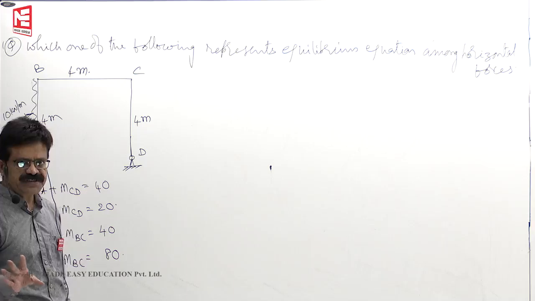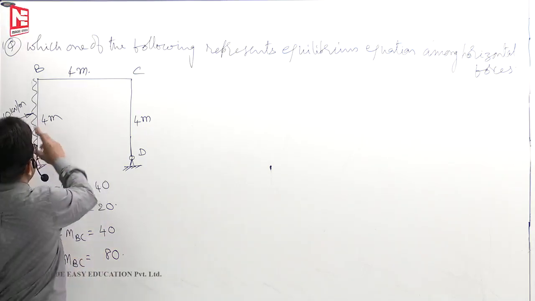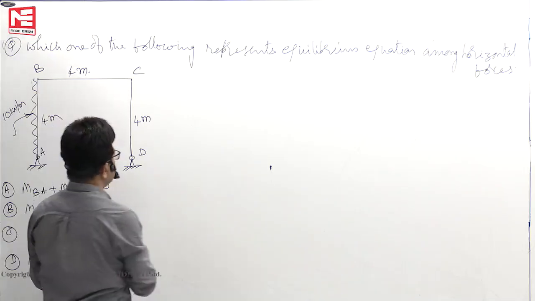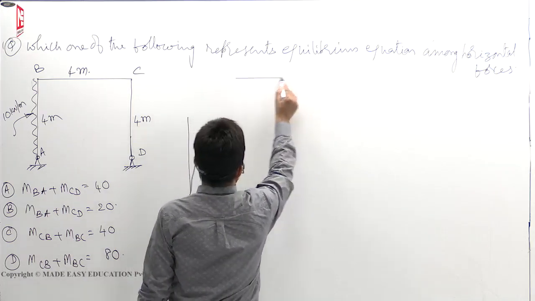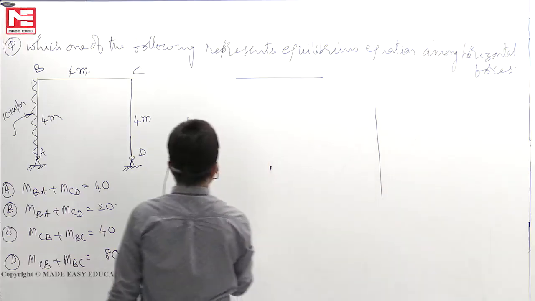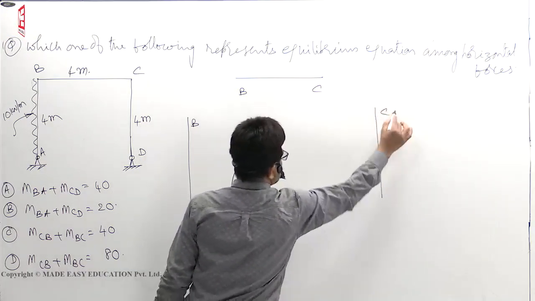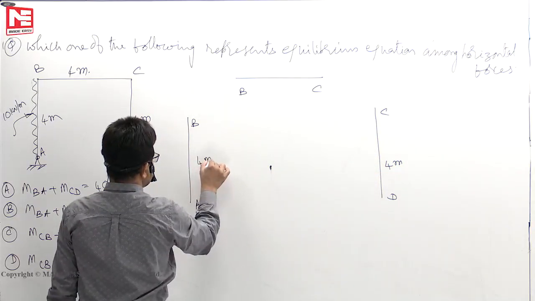No calculations, no great thinking is required. Quickly you should be able to draw A, B, B, C, C, D. 3 free body diagrams we will draw: AB, BC and CD. This length is 4 meters, 4 meters.